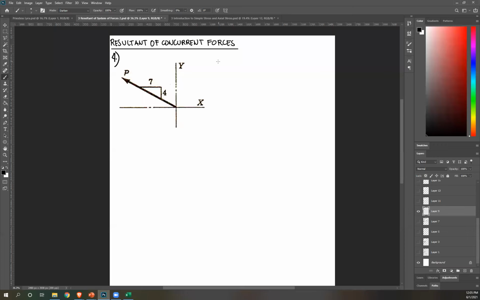Once again, we have x component, so let's call that Px. 140 pounds to the left. And remember our sign convention? To the left is negative, so that is negative 140 pounds.